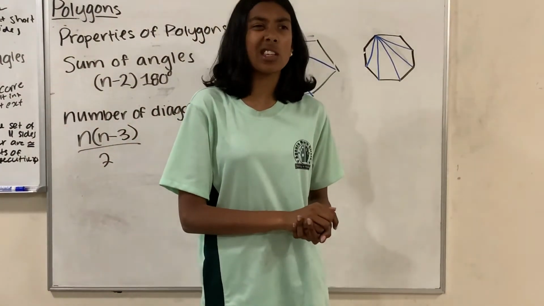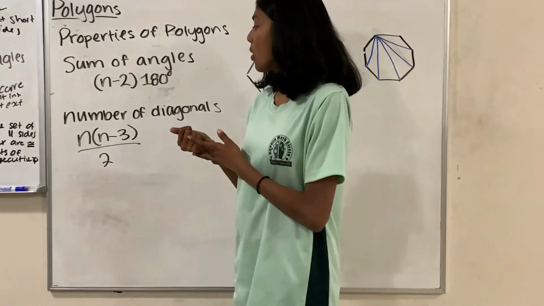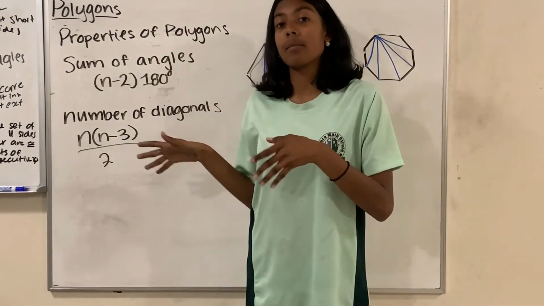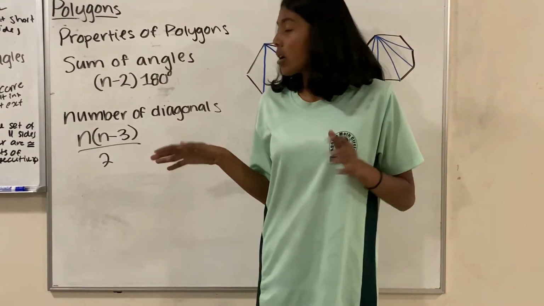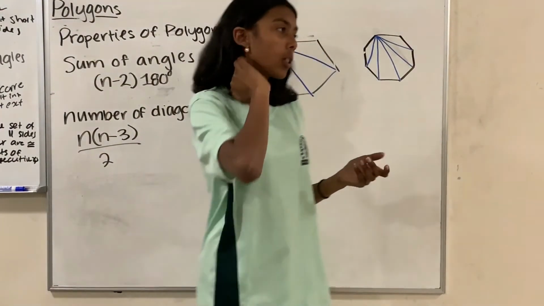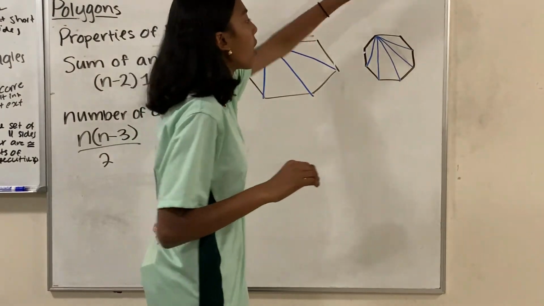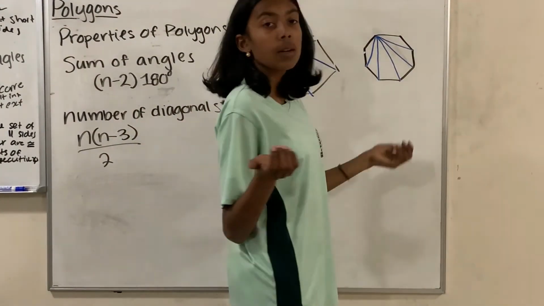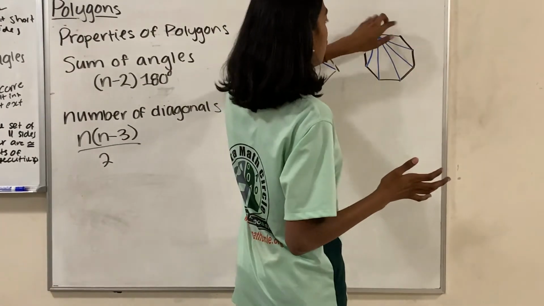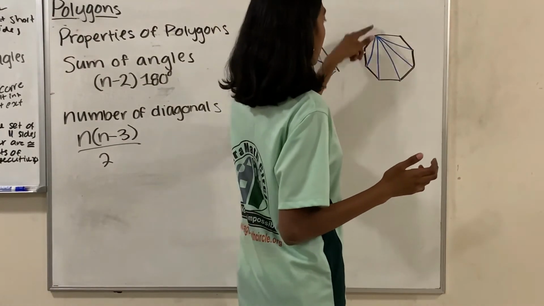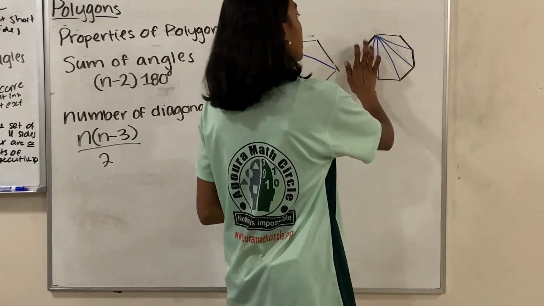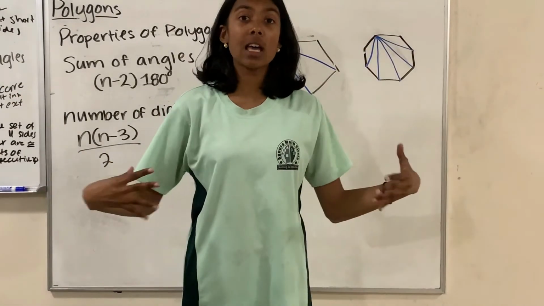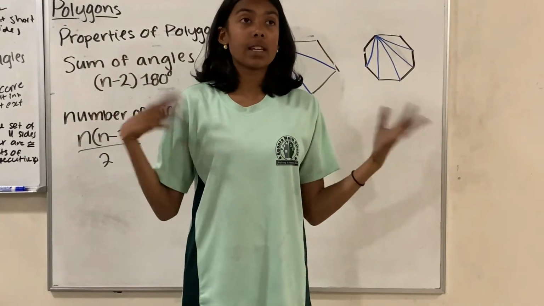Now let's move on to the number of diagonals. It's more of a counting one, but we're still going to go over it. It's basically n times n minus 3 over 2. And here's why. So let's use our octagon again. From each of these n points, or 8 points, because it's an octagon, we can draw a diagonal to each point except this one, and this one, because one of them is itself and the other 2 are already connected to it.